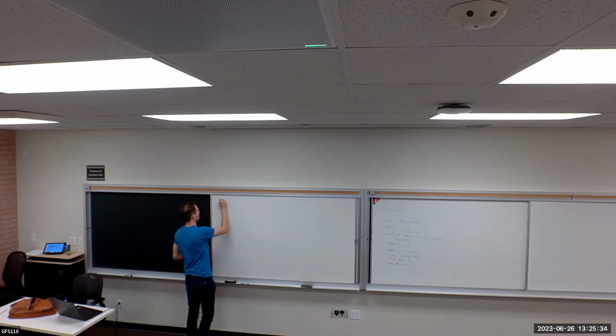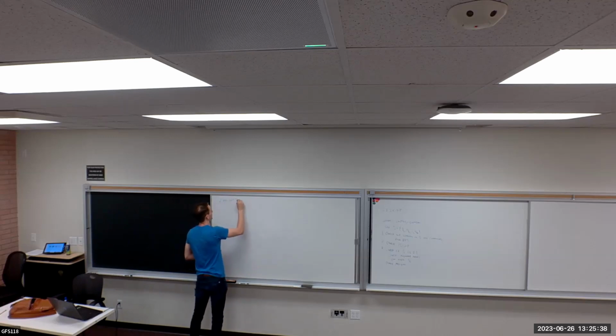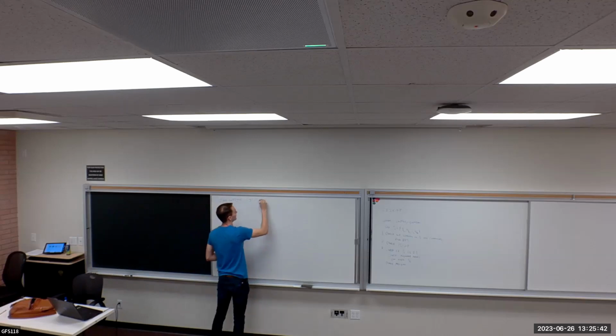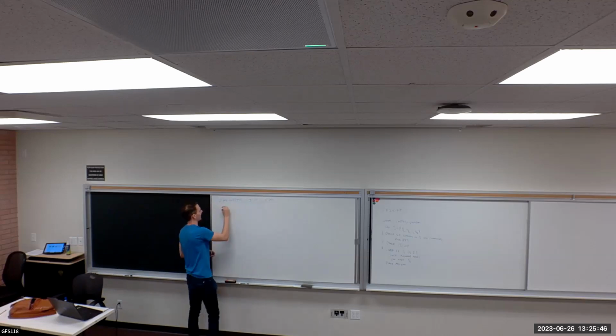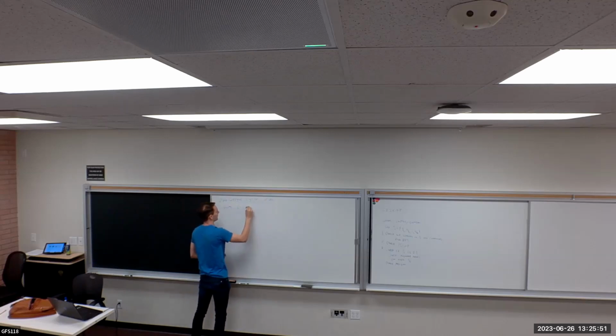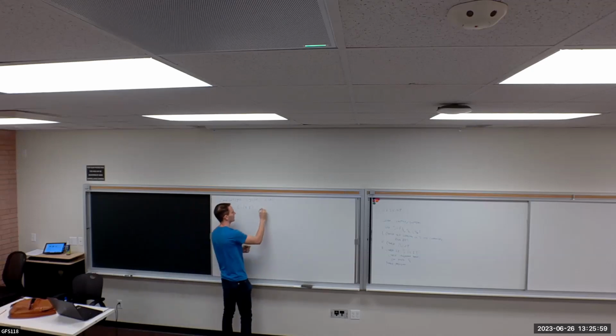So 0 weight cycle, ZWC. You're given the graph G and some edge weights.